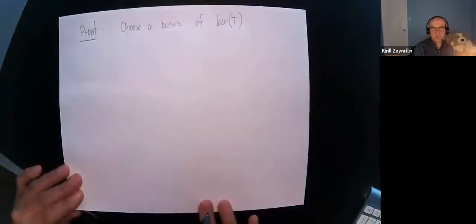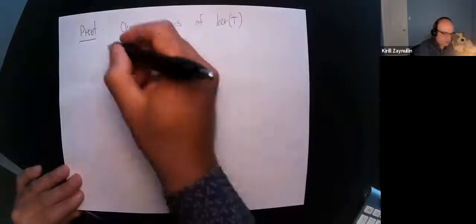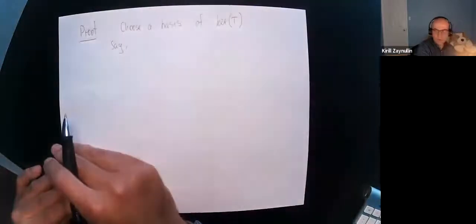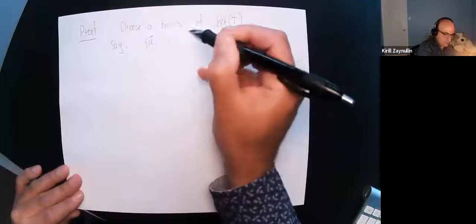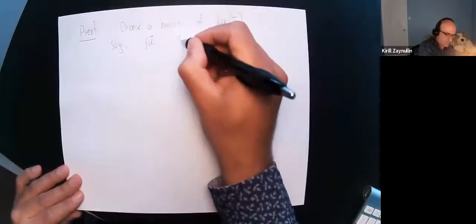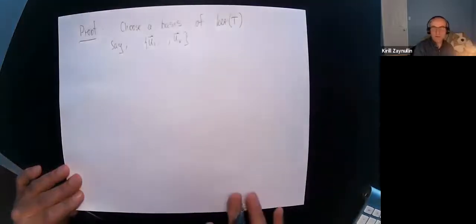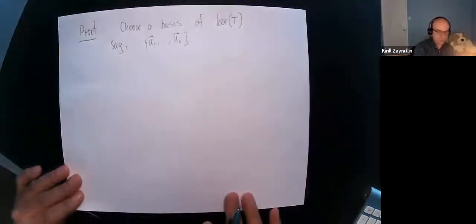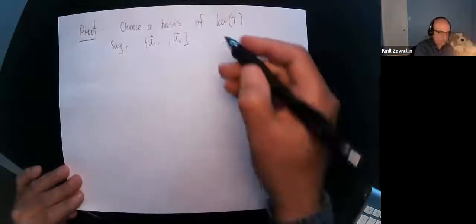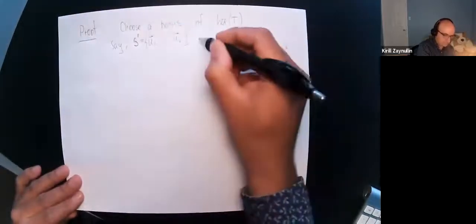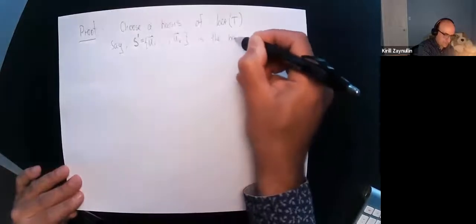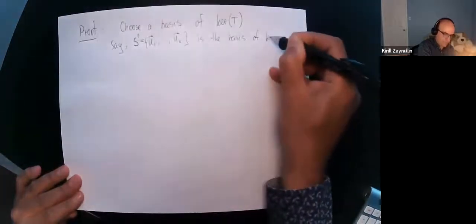Suppose that those vectors U1 to UK form the basis of that kernel. Perhaps it's good to denote it by some letter, so say S prime is the basis of the kernel of T.